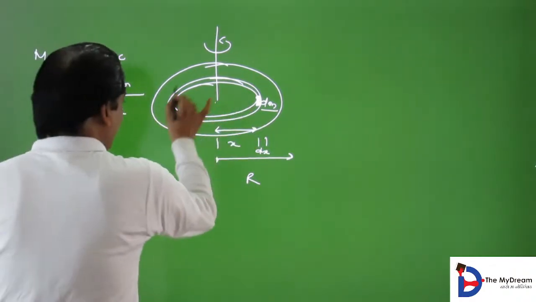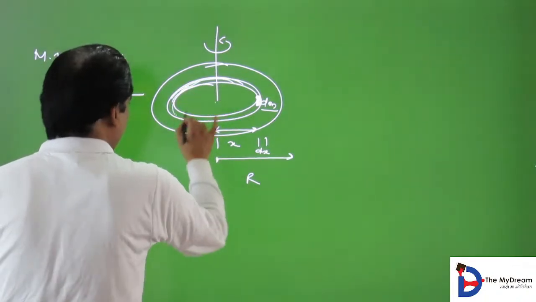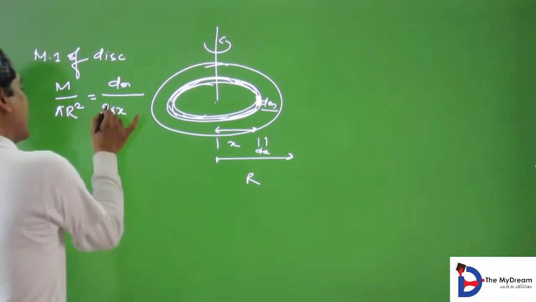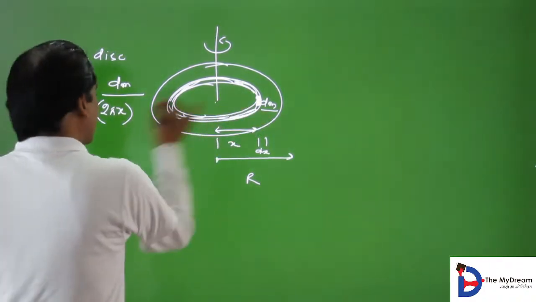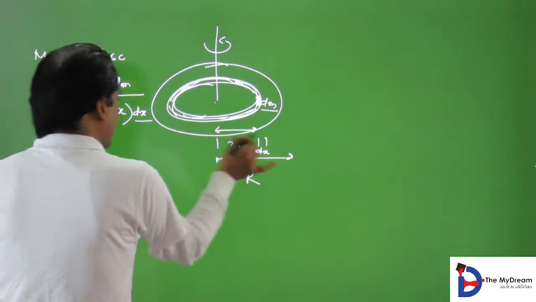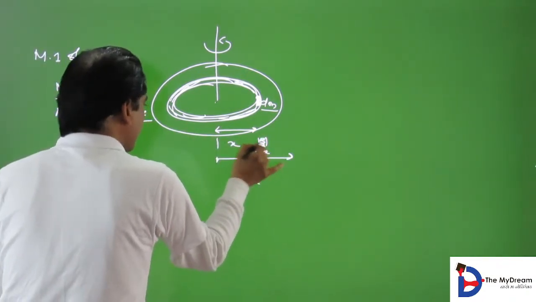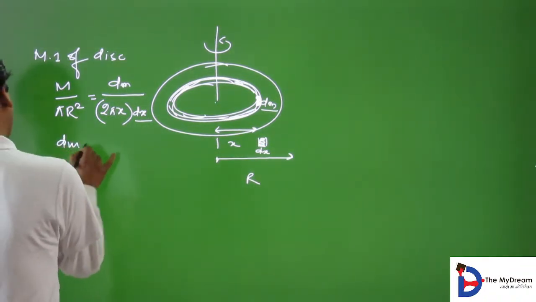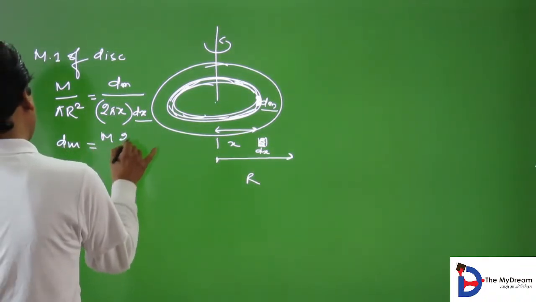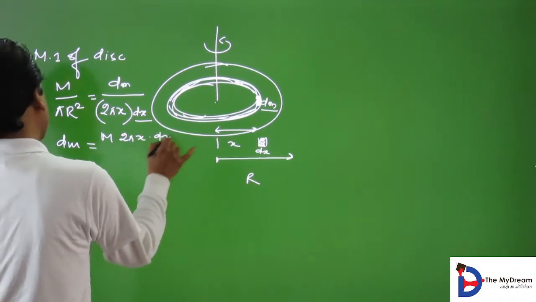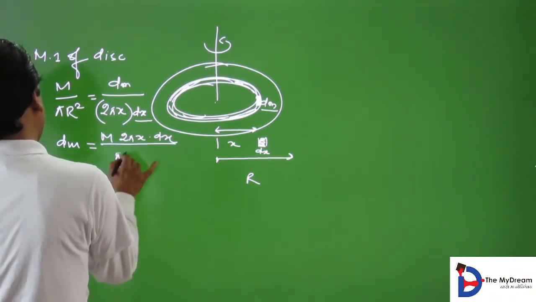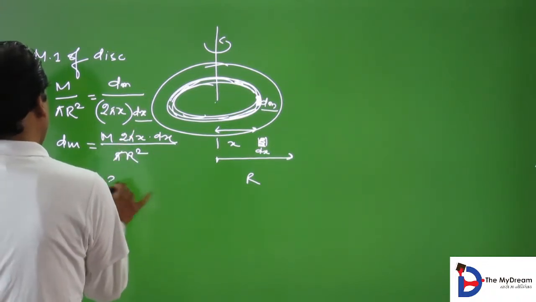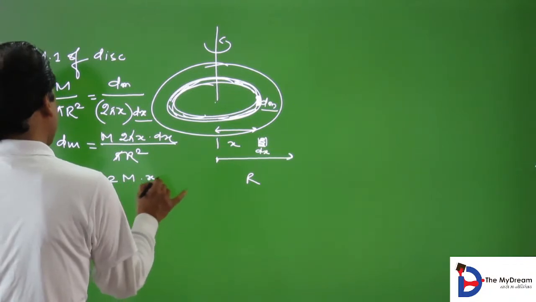You make it like this, all around. 2 pi x is the length, and how much is the width? dx. So delta m will become M into 2 pi x dx divided by pi R squared. So it will become twice of M x dx.